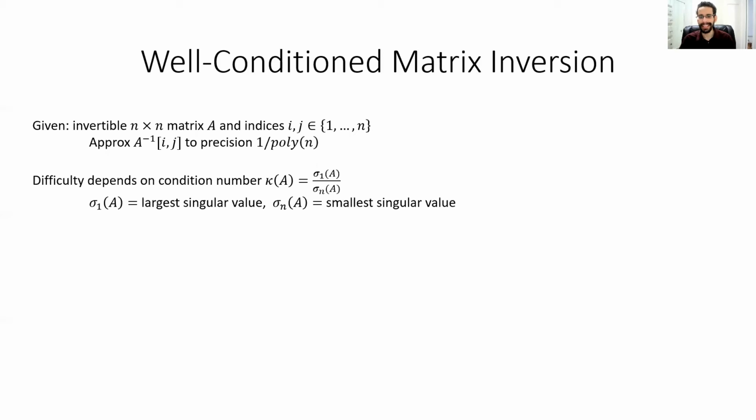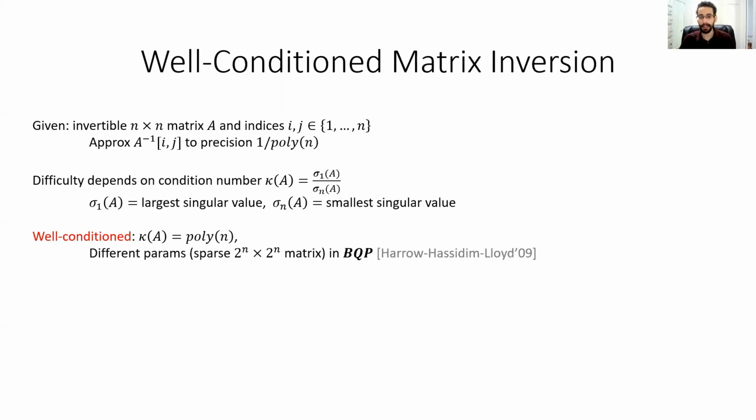We want to focus on the easier case, when A is well conditioned, meaning that its condition number is not too large. In particular, suppose that A is polyconditioned. Then, as Harrow-Hassidim-Lloyd showed for a somewhat different setting of parameters, namely sparse exponentially large matrices, this problem is in BQP.